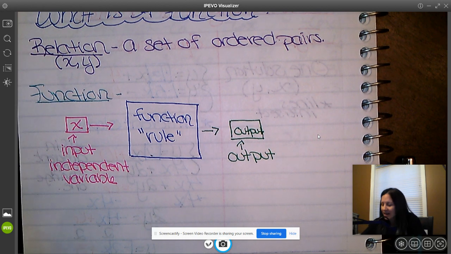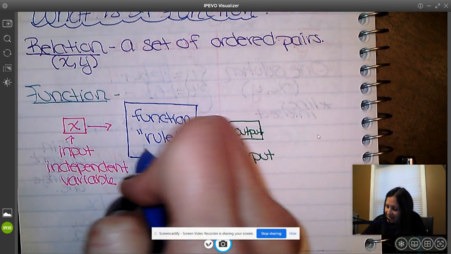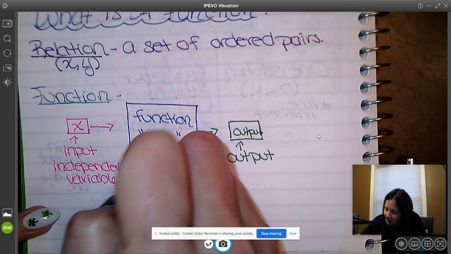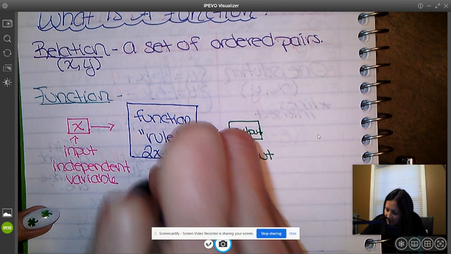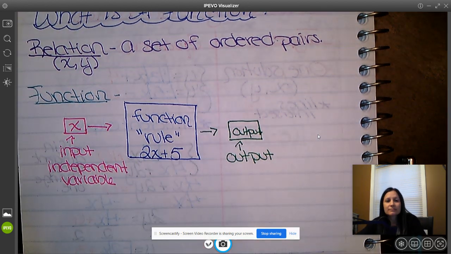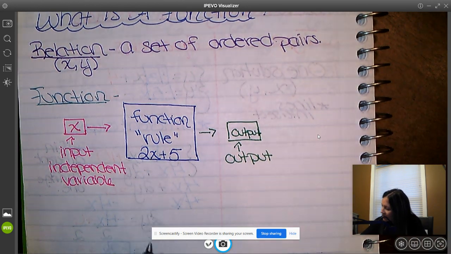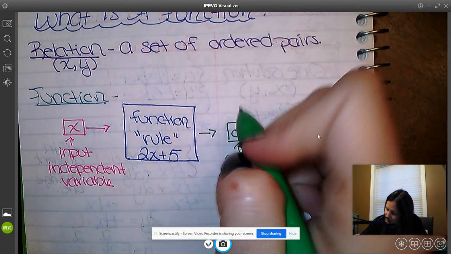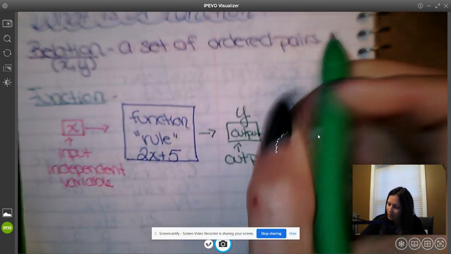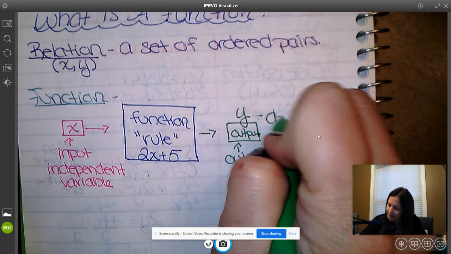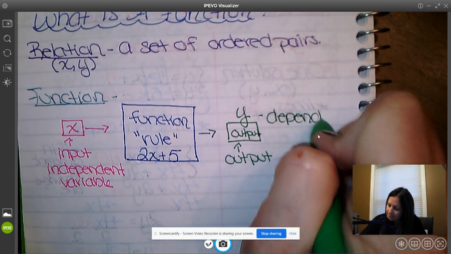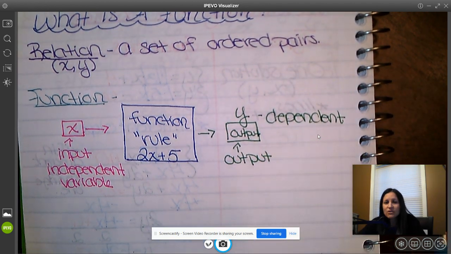So, as I was saying, the function rule we could say, for example, is 2x plus 5. And what I'm going to get out of that is my y value, or my dependent variable, right?